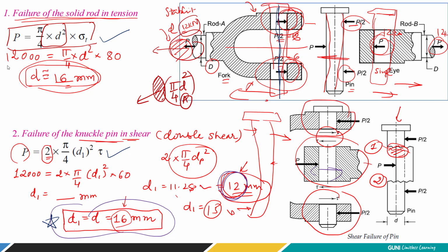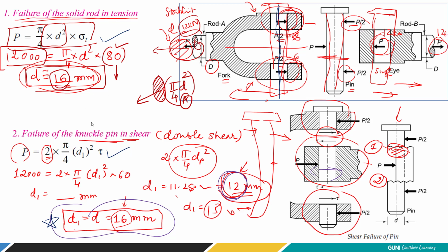So let's put the 12 kilonewton load over here. Then pi by 4 d square, and 80 is the limit given to us, right? So by taking the safe limit of tensile stress, we find the rod end diameter d as 14.15 or something similar, right? But we have to take a higher even value. By thumb rule, it is 4 mm or 6 mm. We are going to adopt 4 mm. So this rod end diameter is d is equal to 16.